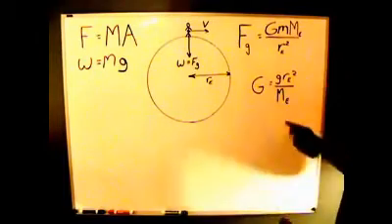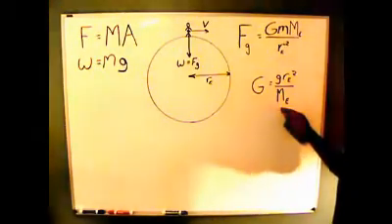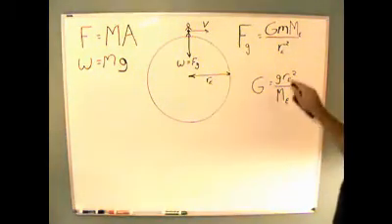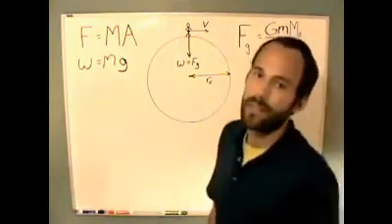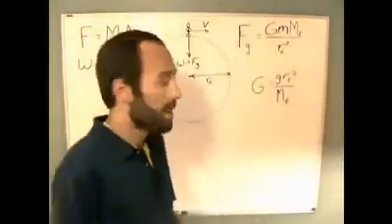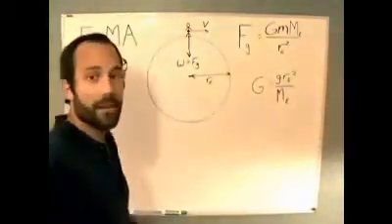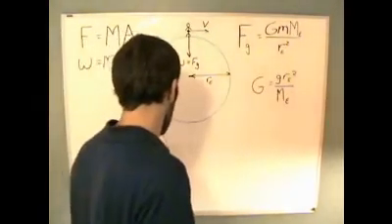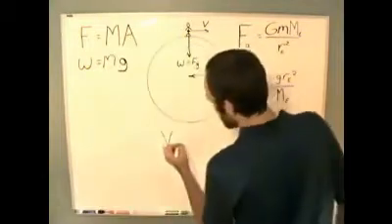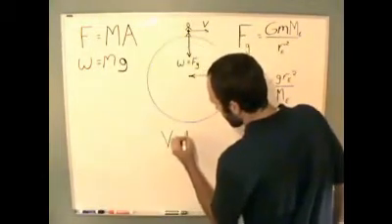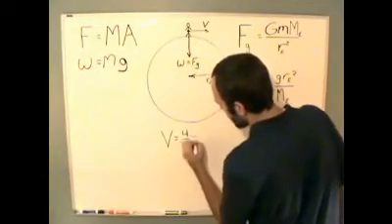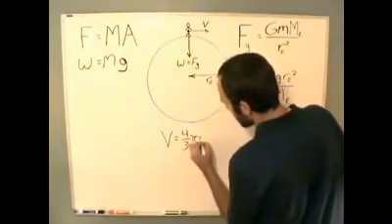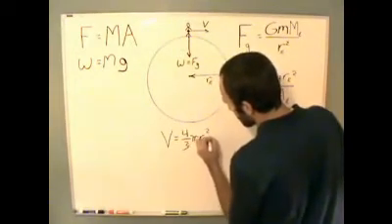Of course, he doesn't have the mass of Earth, right? Well, he does have the radius of Earth. And at that time, they definitely knew how to calculate the volume of a sphere. The volume of a sphere is equal to 4/3 times pi times the radius cubed, actually.